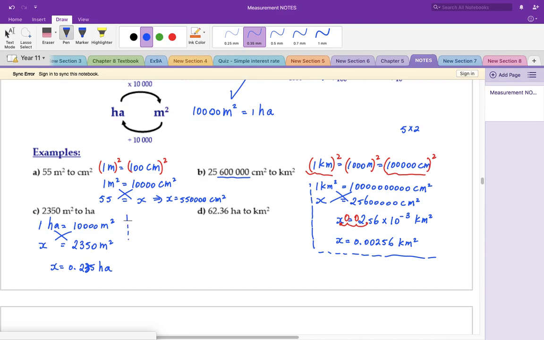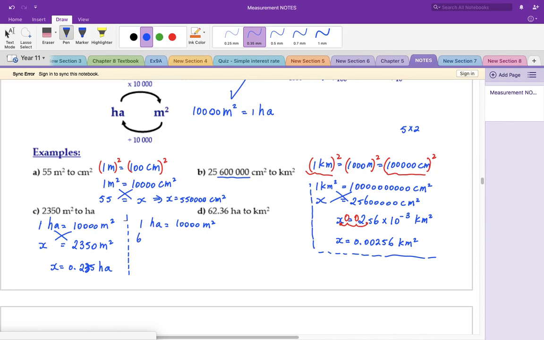Alright, that's question C. For question D, from hectares to kilometers squared. From hectares we can only directly go to meters squared first. So 1 hectare is equal to 10,000 meters squared. That's what you know.